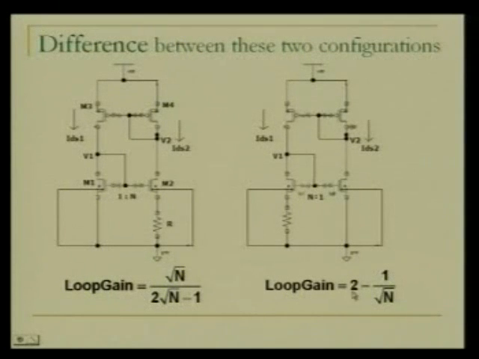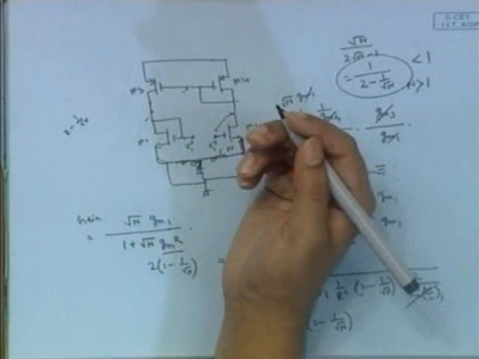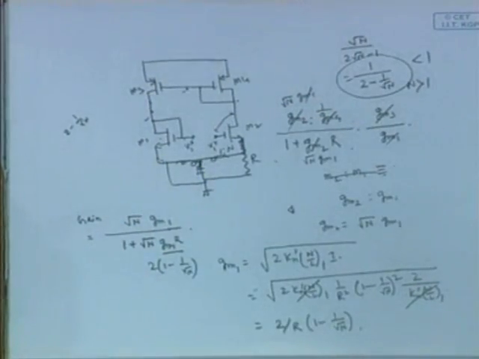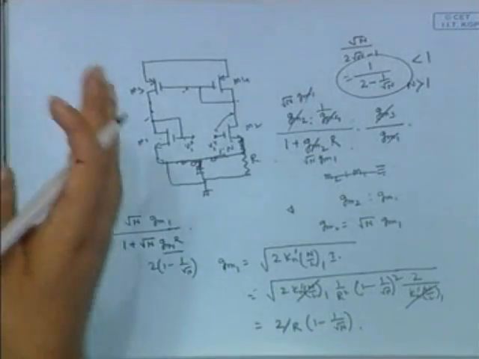You can find here that this loop gain is 2 minus 1 by root n. If n is greater than 1, then the loop gain should be greater than 1, right? So this is an unstable loop, and you can't use this circuitry. If you go on with DC analysis of this circuit, you will get the same type of expression, but in terms of AC analysis, it will not give a stable loop gain.